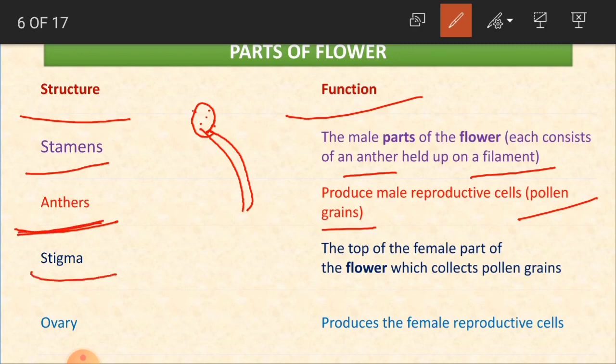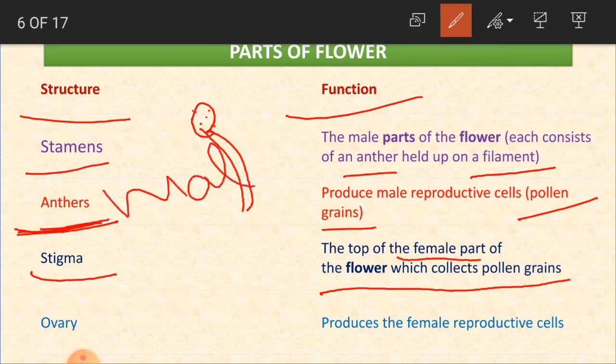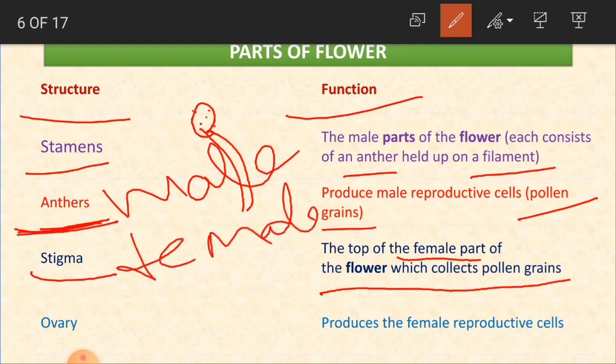And what is stigma? The top of the female part of the flower. Stigma also has pollen grains, but it comes under the female part, whereas anthers come under the male part. Okay, ovary.